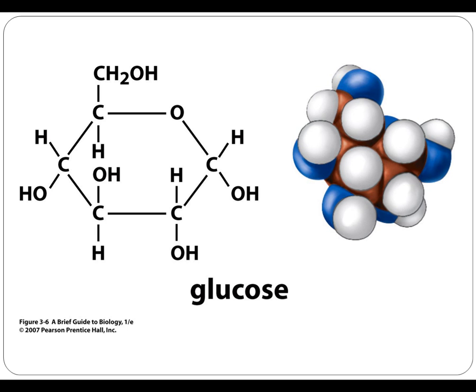Eventually it could form a polysaccharide. So individual sugars can form a big complex sugar. This would be the generic polymer name.